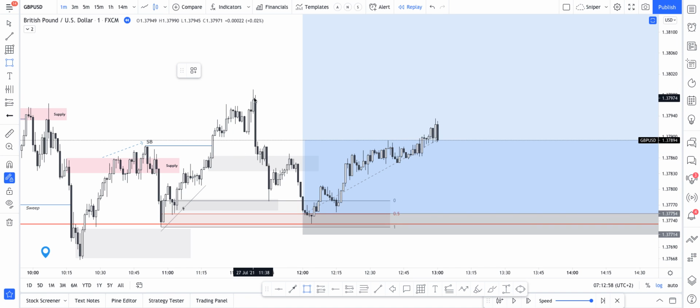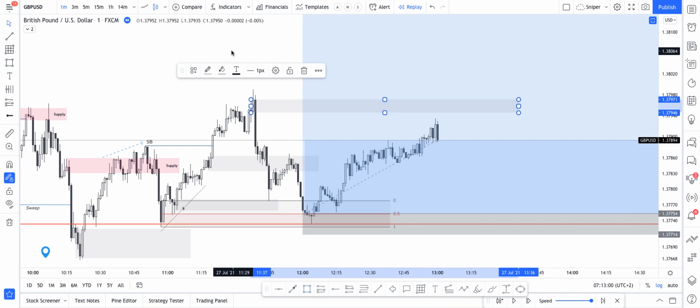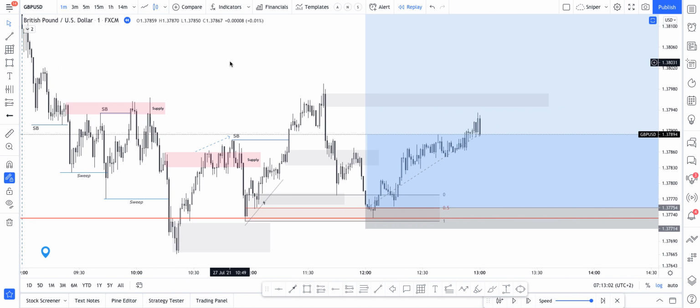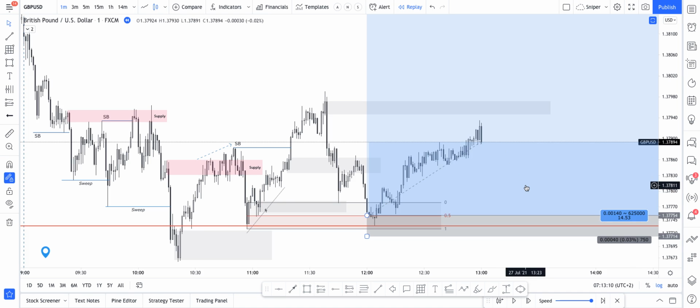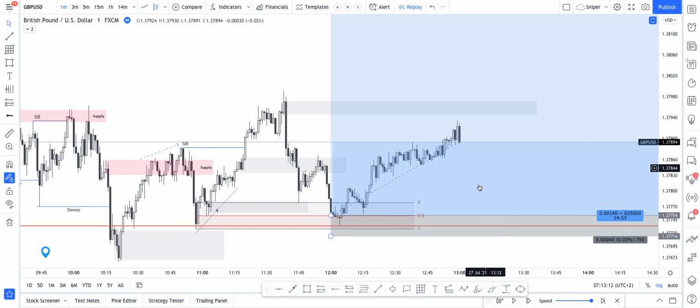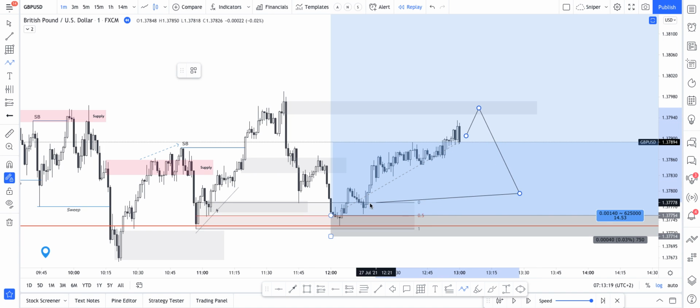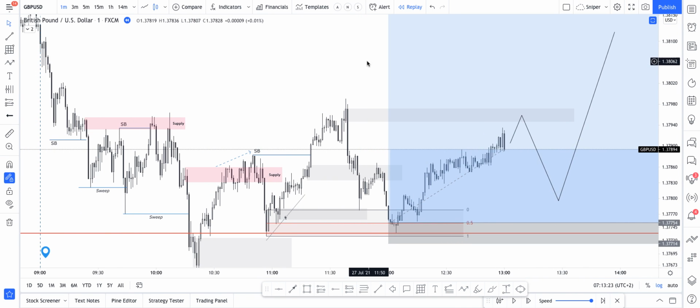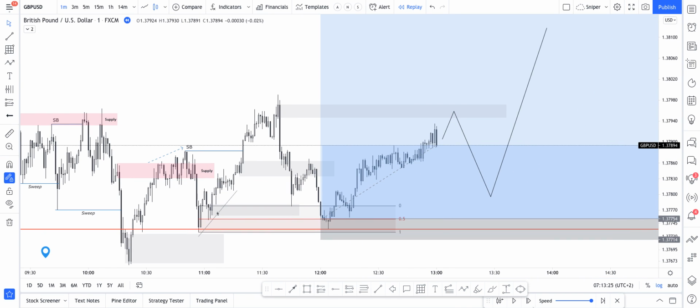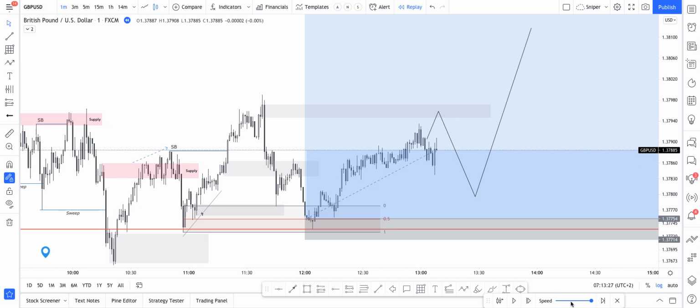We need to be careful of this area, because if we're on the wrong side, by some miraculous, unfortunate event, price could react from this area, give a pullback, and you could possibly see something like this, where price pushes up, pushes down, reacts from something in here, and then goes higher. So that is something we need to take into account as well.